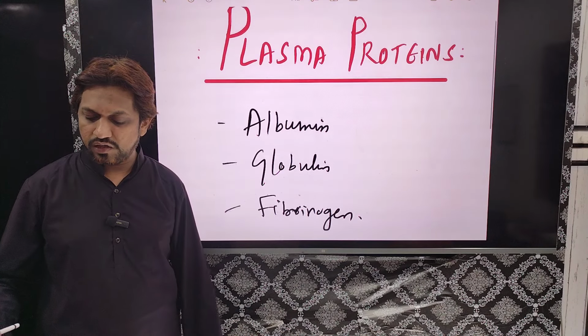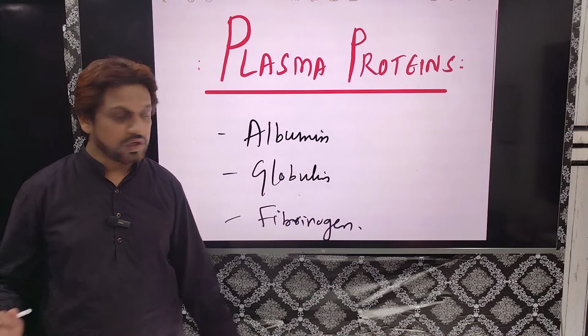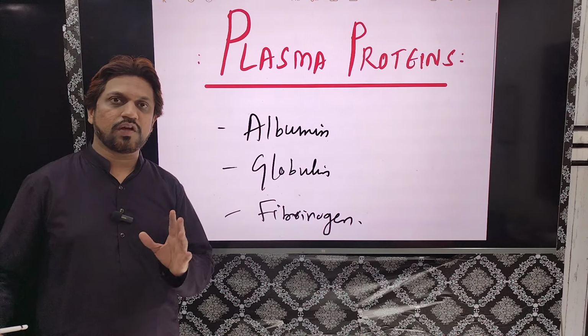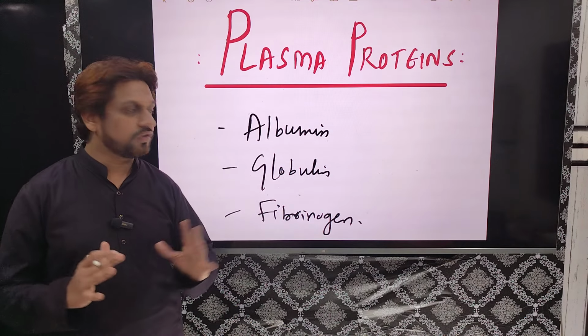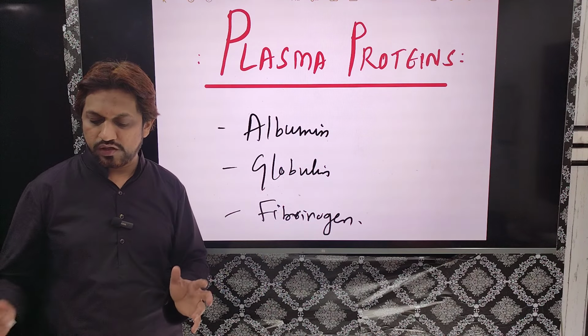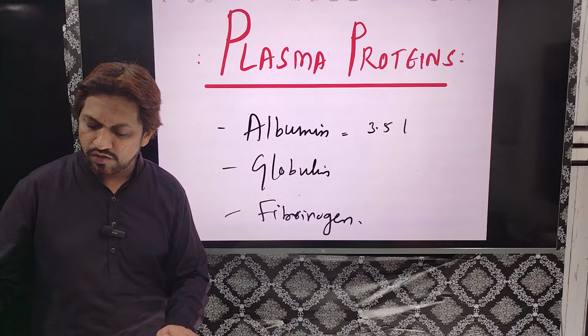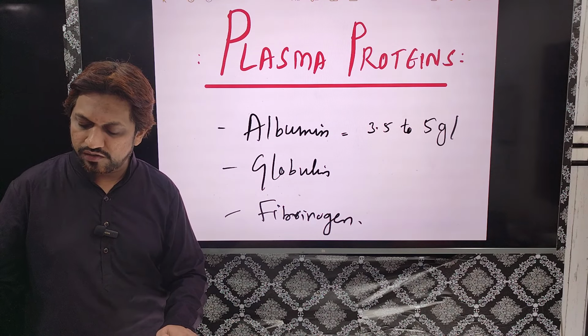If we look at the individual major plasma proteins, albumin is the most abundant plasma protein, constituting around 60% of the total plasma protein. The normal value of albumin is around 3.5 to 5 grams per deciliter.